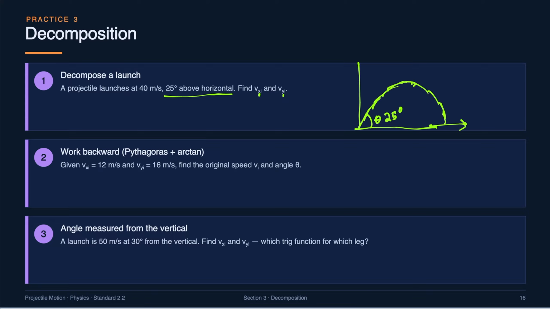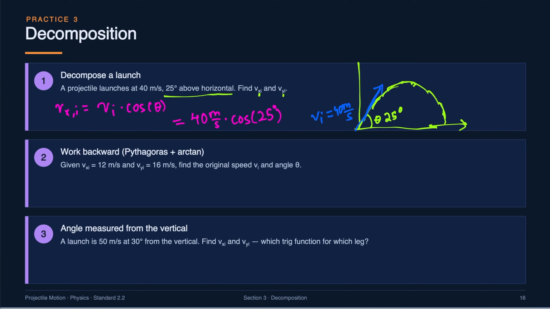The velocity initial is 40 meters per second. Velocity x initial would be velocity initial times cosine of theta, or in other words, 40 meters per second times cosine of 25 degrees.